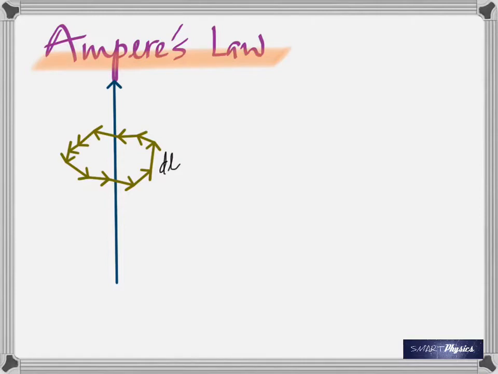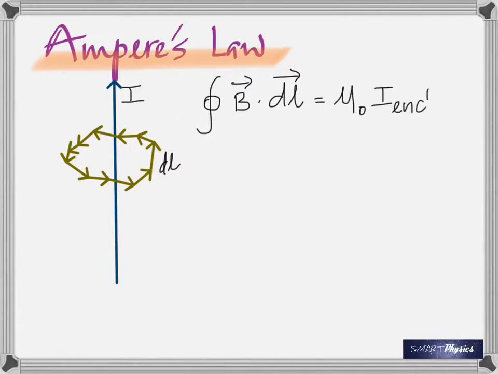We can imagine that this path is divided into small segments, and I'm considering a small segment of length dl. The current through the conductor is I, upwards, and according to Ampere's law, the closed integral of B dot dl is equal to mu naught times the current inside the loop.